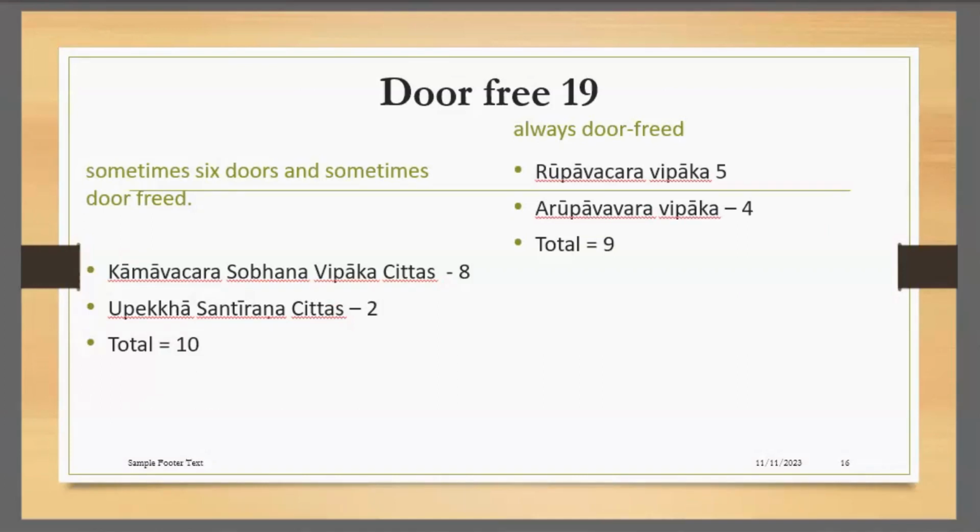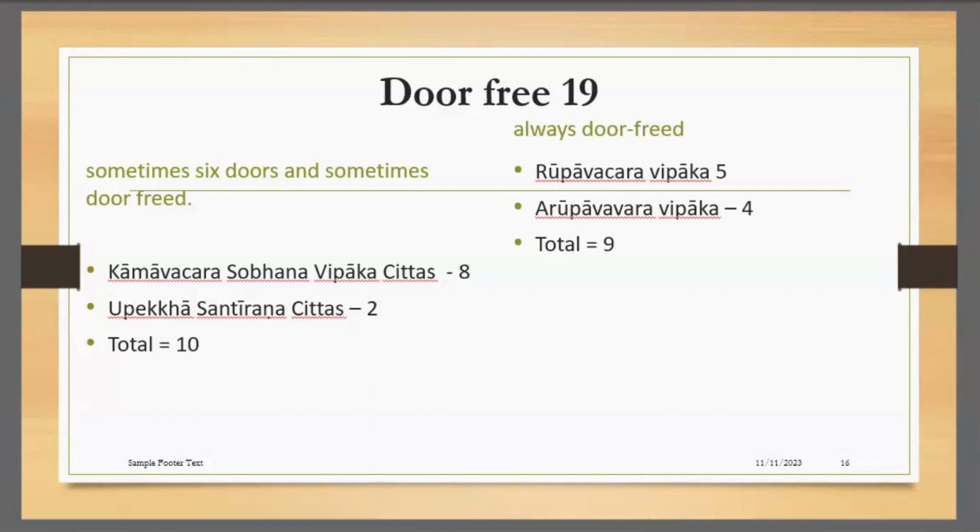Then what are the Chittas that are sometimes door-free and sometimes arise through 6 doors? When Kamavachara Vipaka and Upekha Santirana Chittas perform Patisandhi, Bhavanga, Chuti. Especially here we take the Bhavanga function, because we call that Bhavanga Chitta is Manodvara Vajjana.